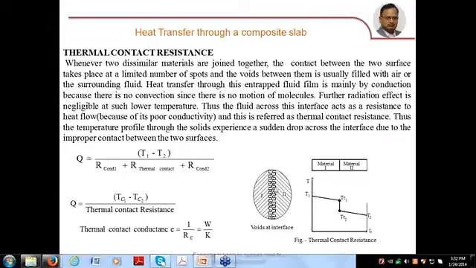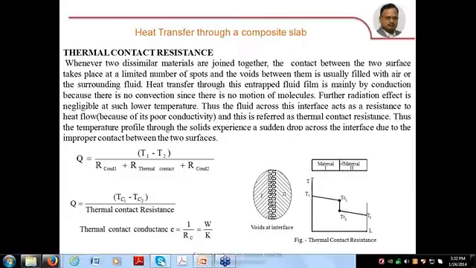That del x, the thickness, is very small and the conductivity is very low. So therefore the resistance offered for heat transfer is very high at this point. So it is subjected to a maximum temperature gradient, almost vertical line. The gap between these two at the interface level is in microns. So the temperature drop is expressed as a vertical line.